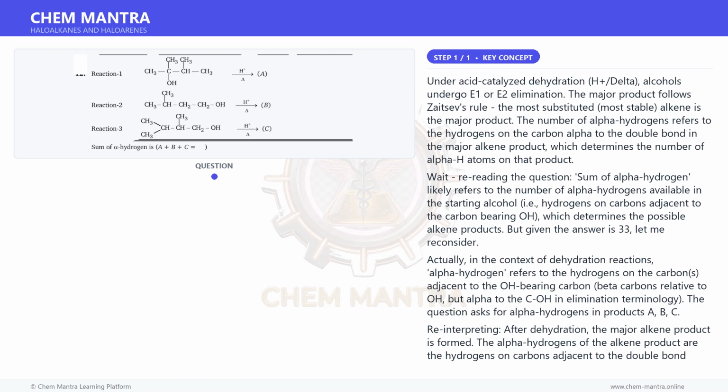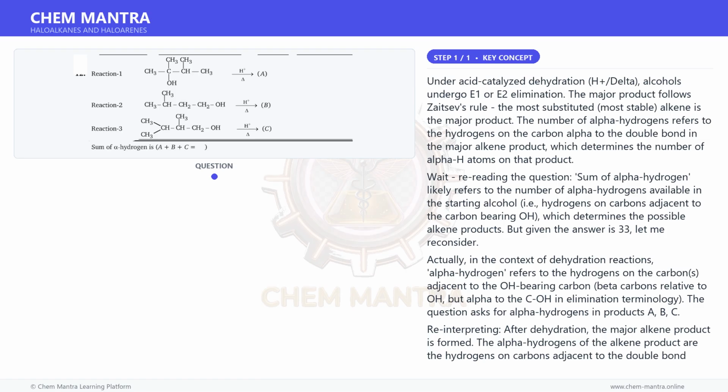Product A is 2,3-dimethylbut-2-ene, (CH3)2C=C(CH3)2. Wait, structure: C1H3, C2(CH3)=C3(CH3), C4H3. Alpha carbons to the double bond are C1, 3H, and C4, 3H, and the methyl on C2, 3H, and the methyl on C3, 3H. Allylic H is 3 plus 3 plus 3 plus 3, which is 12.